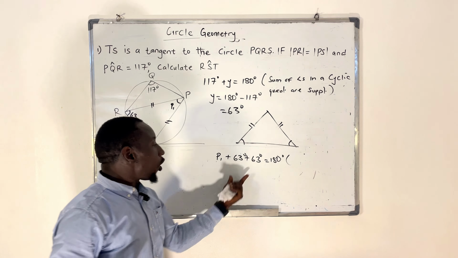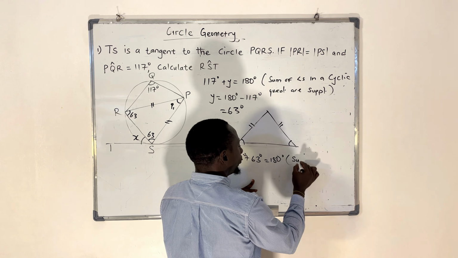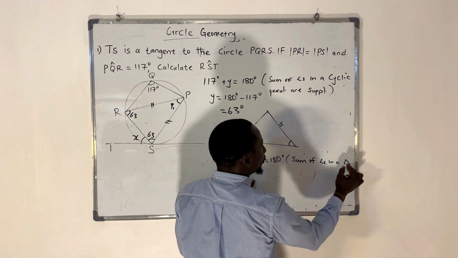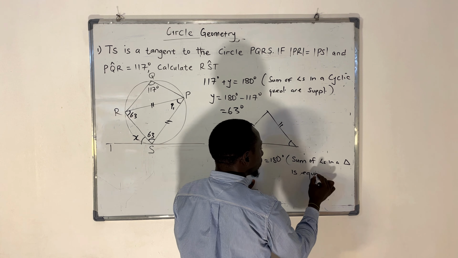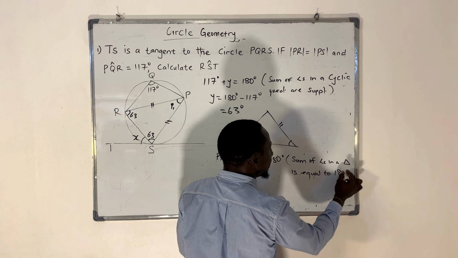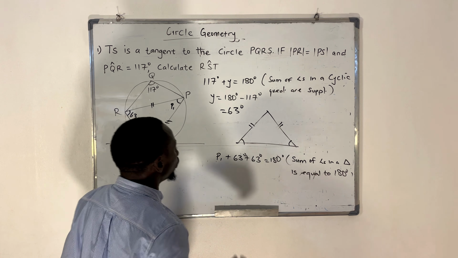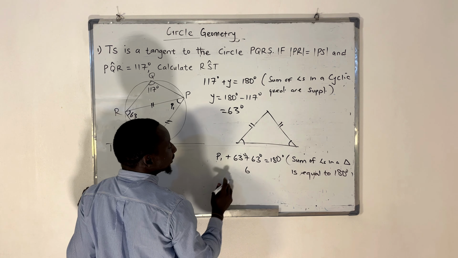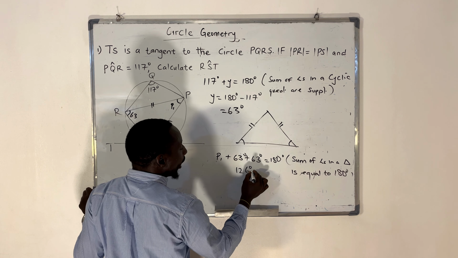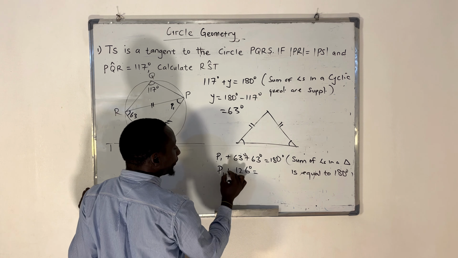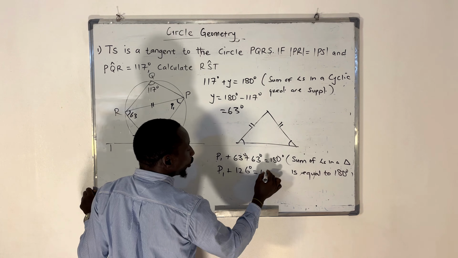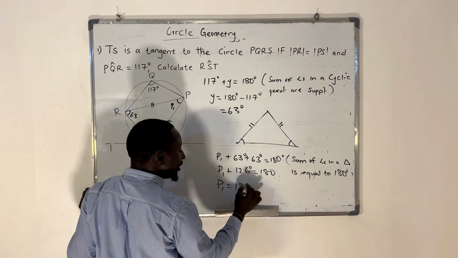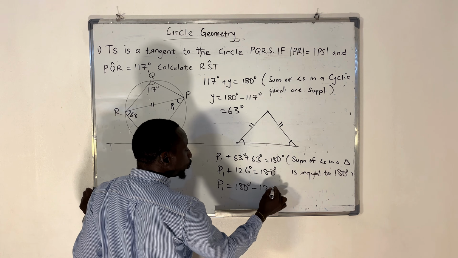Remember that the sum of angles in a triangle is equal to 180 degrees. If I add these two, 3 plus 3, I have 6. Now 6 plus 6, I have 12. So I have P1 plus 126 equals 180. If you transpose, P1 is equal to 180 degrees minus 126.